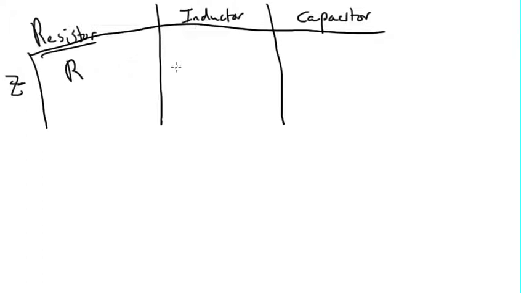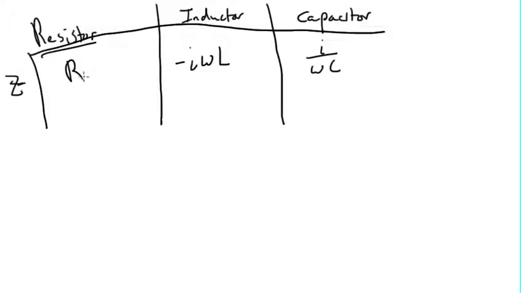An inductor is going to have an impedance that's just minus i omega L. So it only has a reactive part of its impedance, so all an inductor does is store energy. And a capacitor is going to have an impedance that's equal to i over omega C. And once again, all it does is store energy.